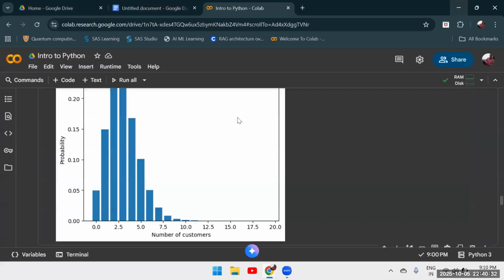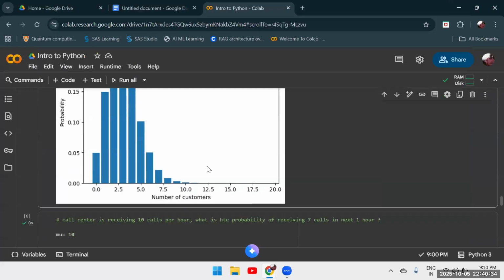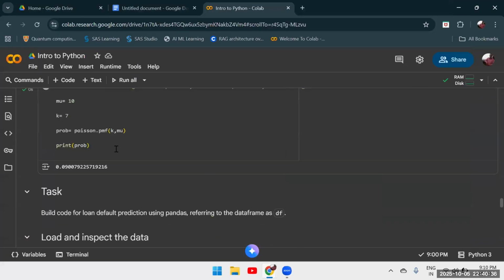Okay, sir. So I will give you one question for the assignment. See, I'm having a branch, and in my branch I wanted to estimate the number of customers who will be coming. I already showed you an example of this Poisson distribution.